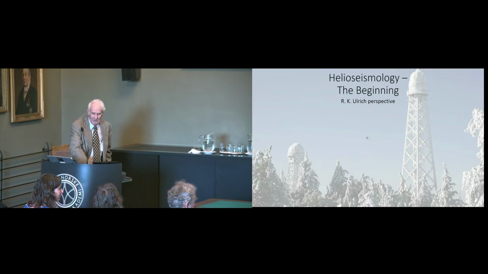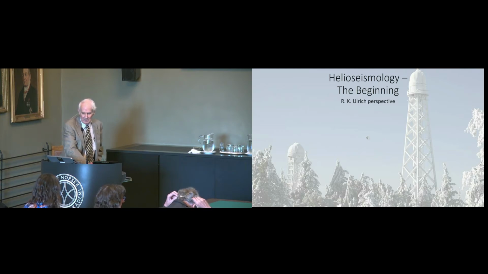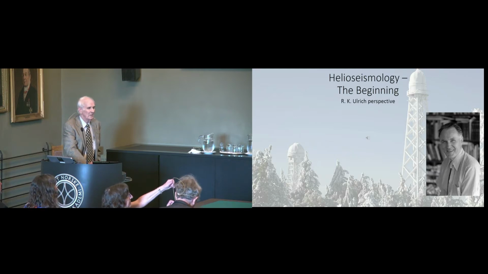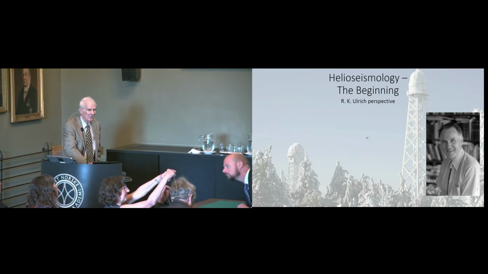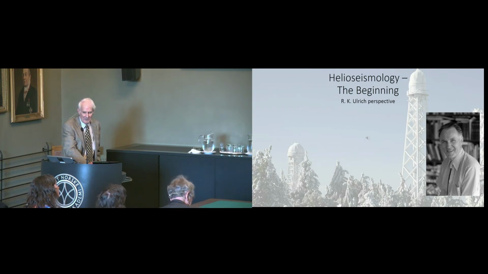So the start of helioseismology really began with Bob Leighton, who is shown here. He was a very clever experimentalist, and he devised a way of imaging the Doppler shifts of the gas on the solar surface.